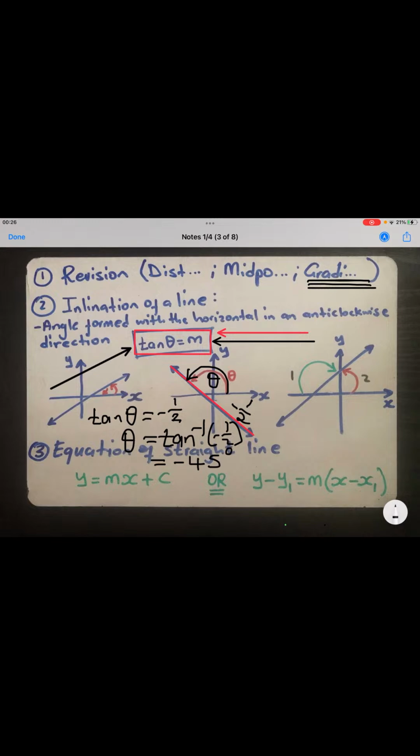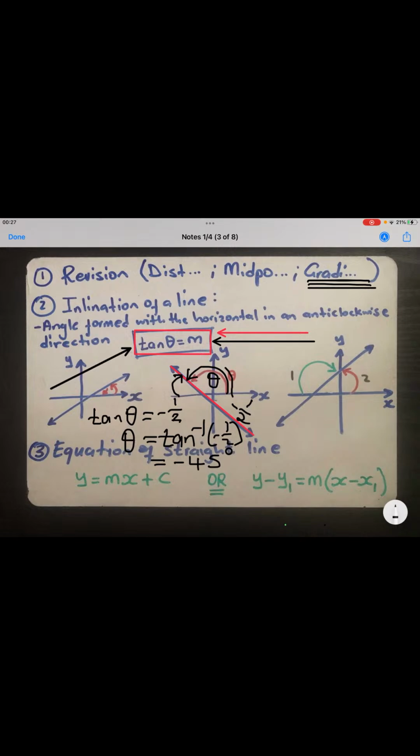Good people, that angle is not an angle of inclination, but it is actually this angle in the clockwise direction. So that means you are not done, because what we know is that an angle of inclination is positive, and because it's for a negative gradient, the angle of inclination is going to be bigger than 90. Can you see that angle? It is bigger than 90 degrees.